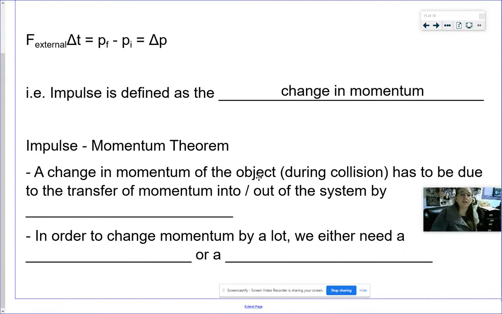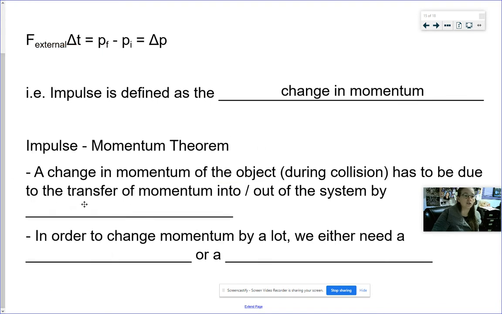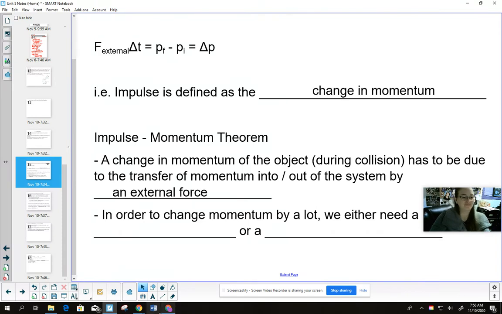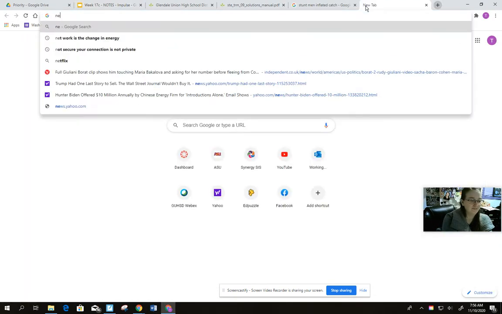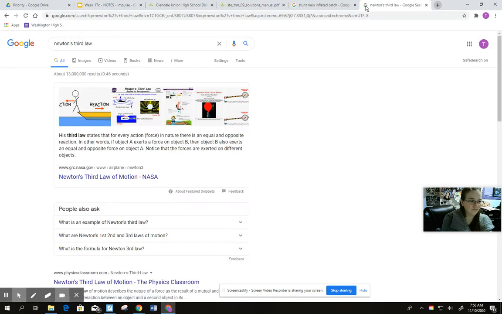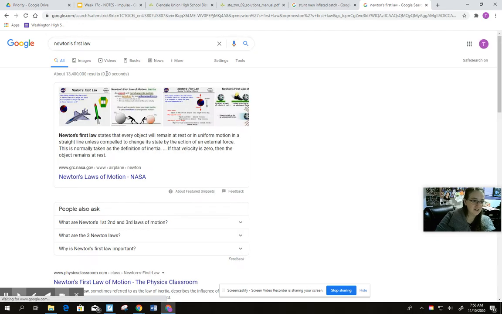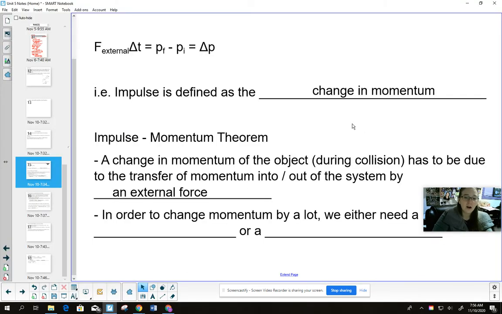So a change in momentum of an object, we're looking at one object, has to be due to an external force. This is basically going back to Newton's first law, that an object in motion tends to stay in motion.